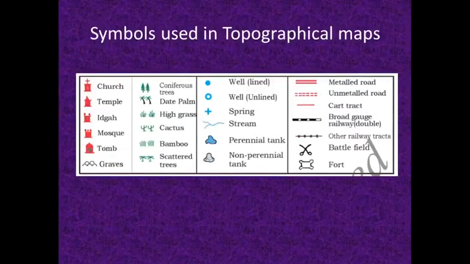Here you can see symbols used in topographical maps. Children, can you see? This is the symbol picture, and it is used in what type of maps? It is the topographical maps.